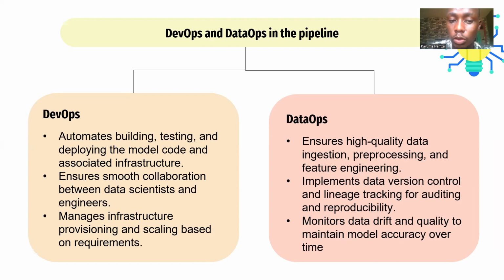DevOps ensures smooth collaboration between data scientists and engineers, whereas DataOps implements data version control and lineage tracking for auditing and reproducibility. Then DevOps manages infrastructure provisioning and scaling based on requirements, whereas DataOps monitors data drift and quality to maintain model accuracy over time.